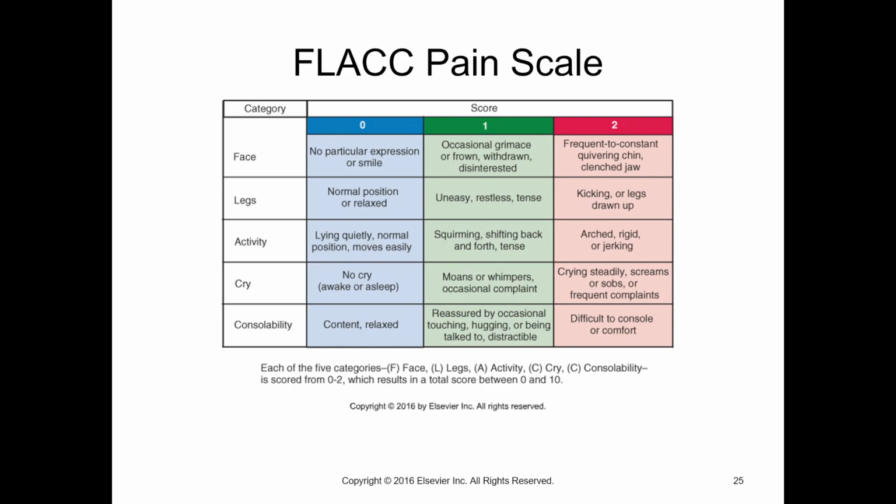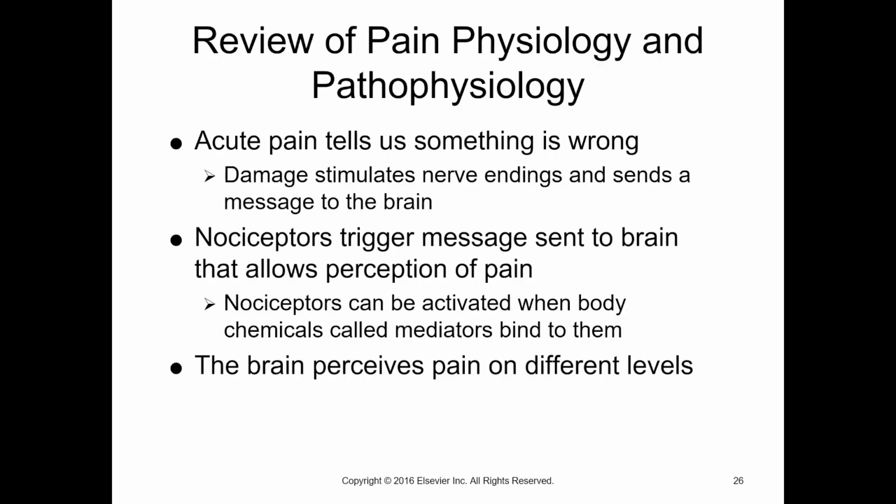You're checking face, leg, their overall activity, their crying, and consolability, and you're rating on a scale of 0, 1, or 2. Because, again, infants can only essentially move their face, move their legs, and cry, right? So you check those things, and you get an idea of if the infant is in pain or not.